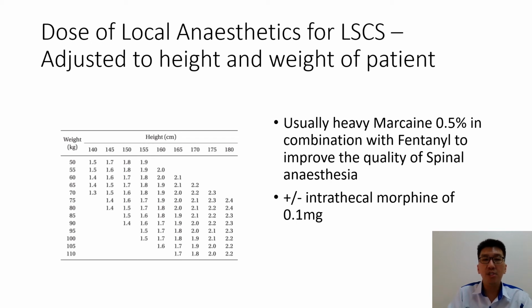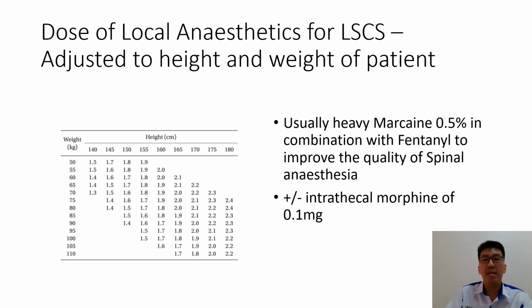So we have to titrate according to the height and body weight of the patient. For example, if the patient is about 170 centimeters and around 90 kilograms, you give around 2 mls of heavy bupivacaine 0.5% in combination with 0.2 mls of fentanyl.